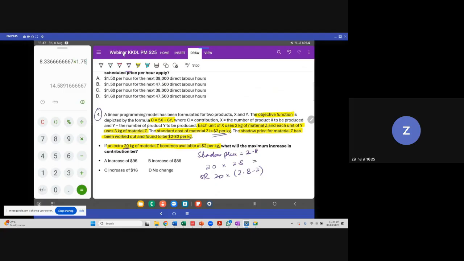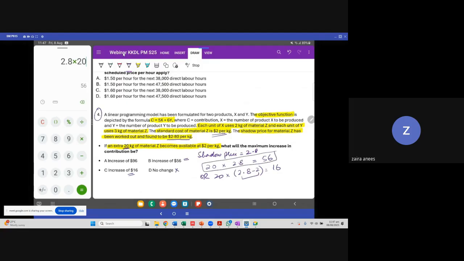This will be equal to 2.8 times 20 is 56 and 0.8 times 20 is 16. So either B or C. No change cannot be the option. The option should be this one.